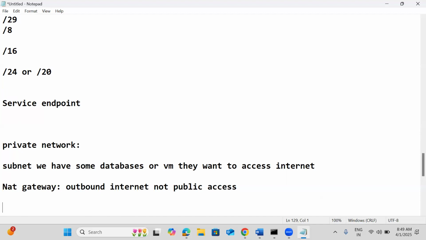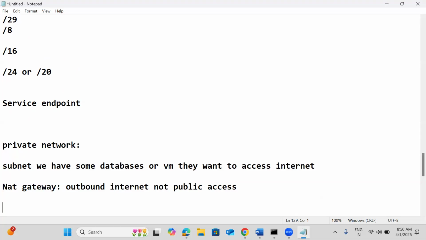So suppose, assume I'll tell one use case. This Saturday, we want to perform some maintenance kind of activity, maybe patching kind of things. It wants to download some software or patches, and those need to be installed. So here we can attach a NAT gateway to the subnet. If I attach the NAT gateway, what happens?